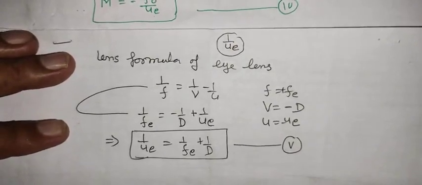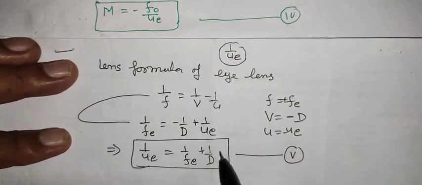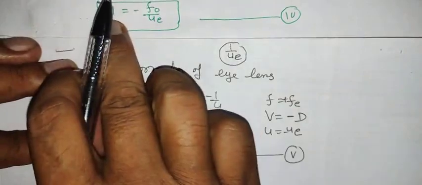Now what is the plan? We will keep the value of 1 upon UE in equation number 4.